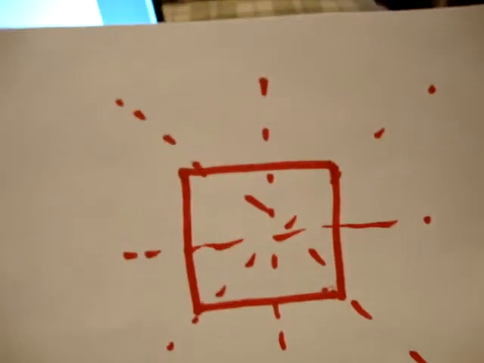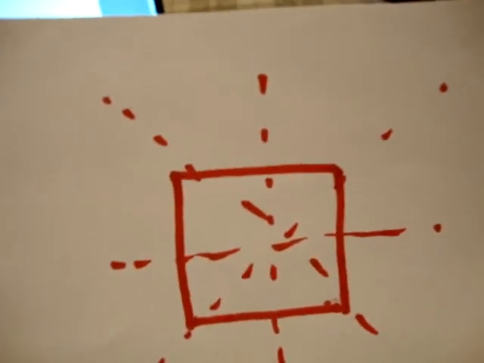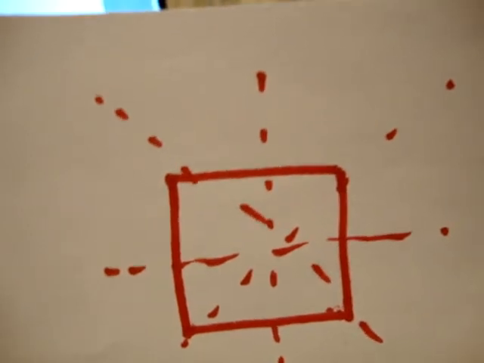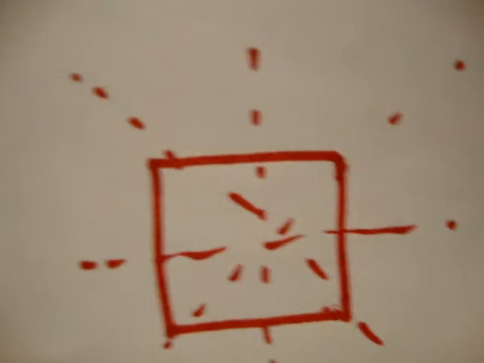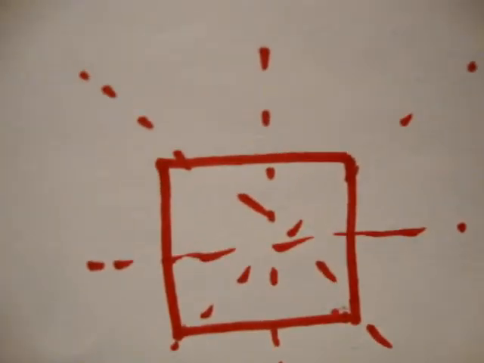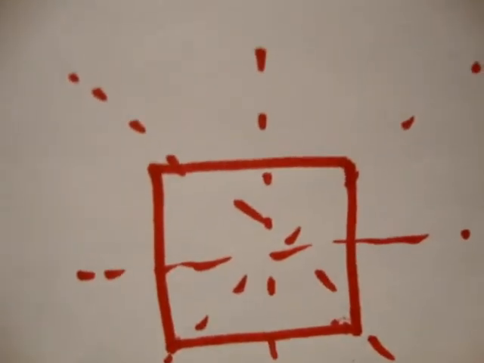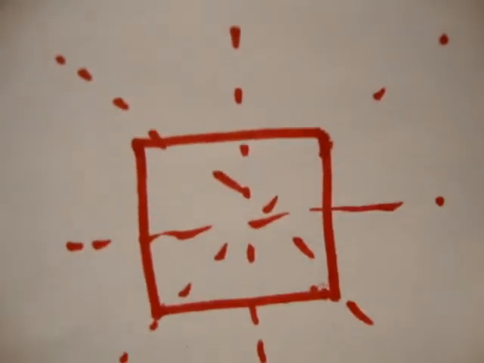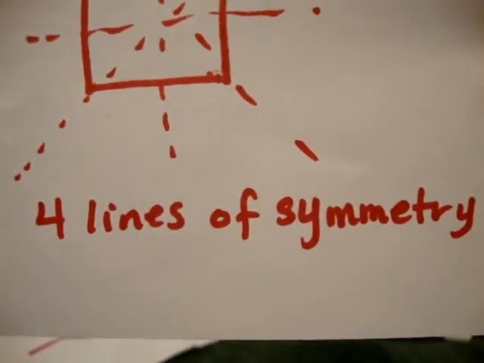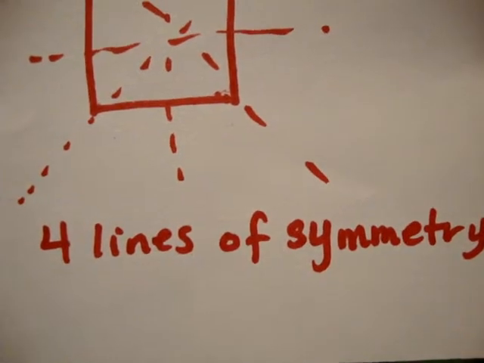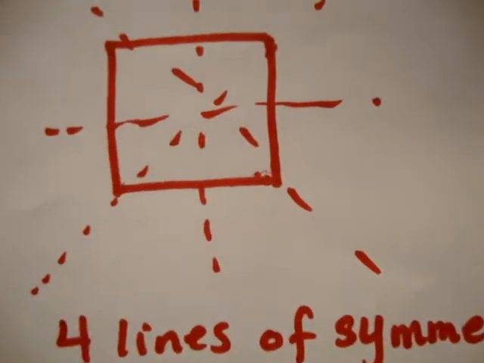If you look at all of these lines here, you can fold the square down the center, horizontally, vertically, and even diagonally. If you fold it on its diagonal, you should be able to get it perfect on each one of the sides. So this particular square has 4 lines of symmetry.